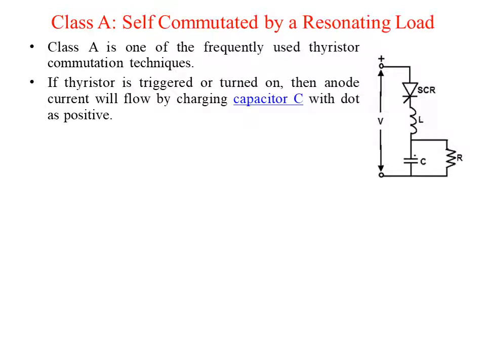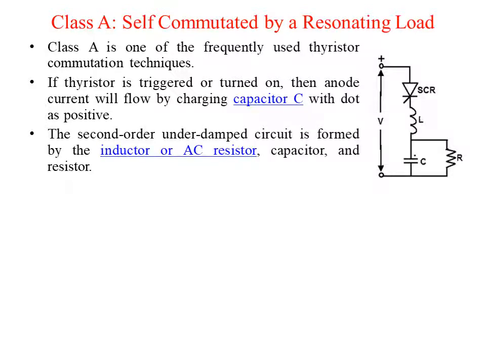If the thyristor is triggered or turned on, then anode current will flow, charging capacitor C with the dot as positive. So when the SCR is forward biased, the current will flow through the inductor and charge the capacitor, and the dot indicates that it is positive.